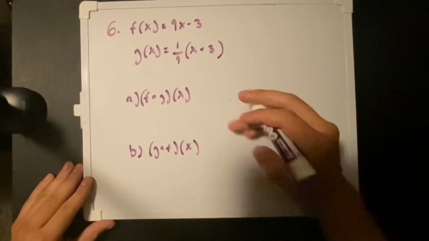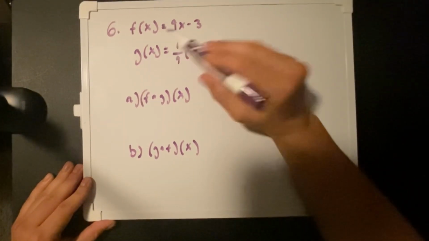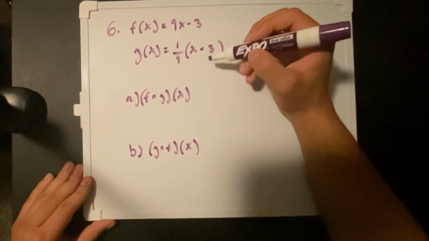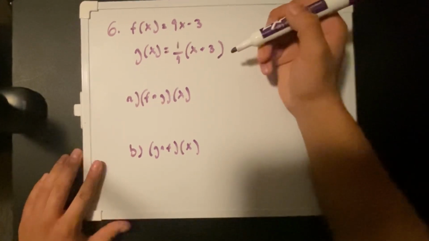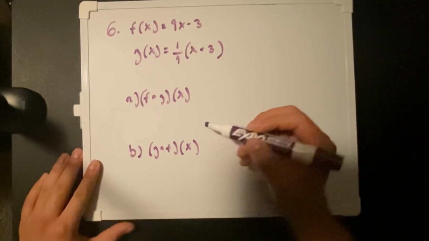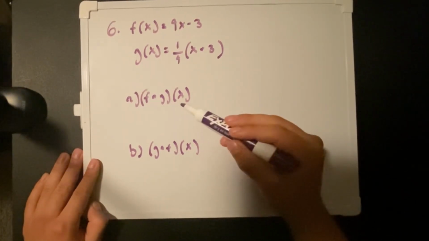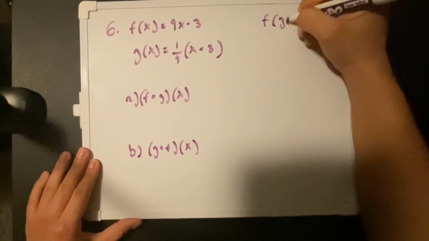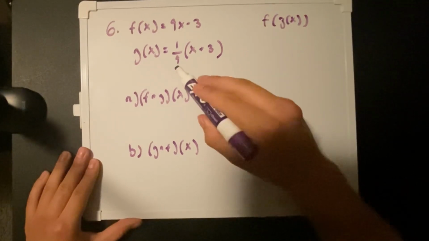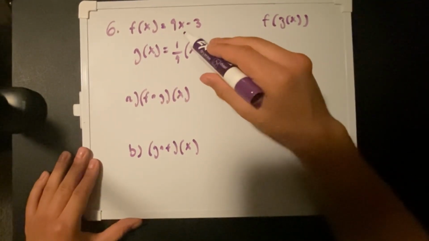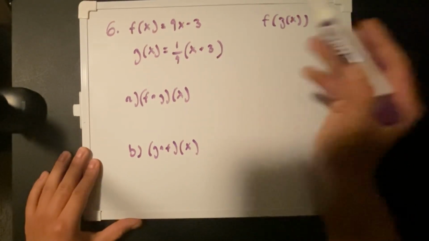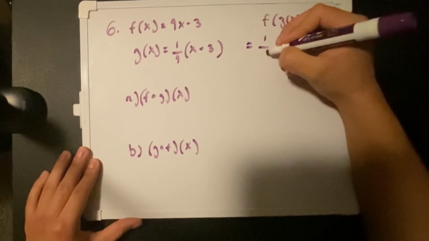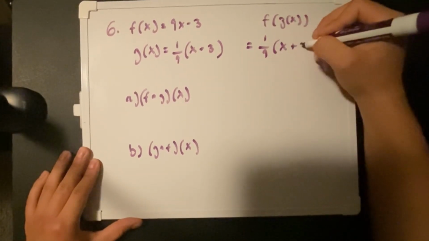For example number 6, we have more composite functions. We have f of x equals 9x minus 3 and g of x equals 1/9 multiplied by x plus 3. And for solution A, we're finding the composite of f of x where its x is g of x. So let's write that down. We got f of g of x. So we would put g of x to where any value is x. But first, I believe we should solve this. So let's rewrite it. 1/9 multiplied by x plus 3.